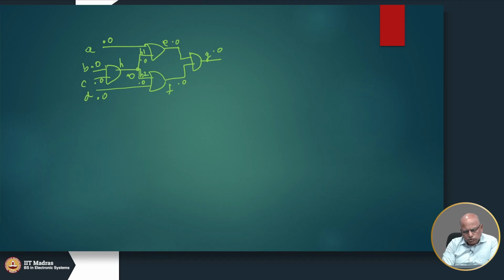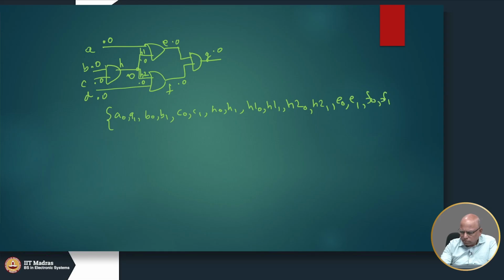So, our list of faults will unfortunately have A0, A1, B0, B1, C0, C1, H0, H1, H1 0, H1 1, H2 0, H2 1, and then E0, E1, F0, F1, and then finally G0, G1.